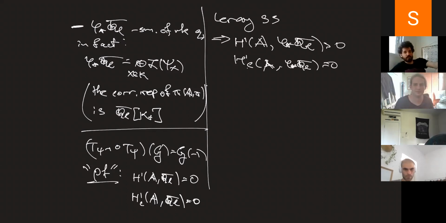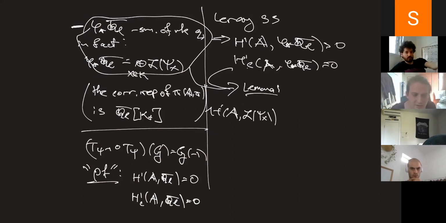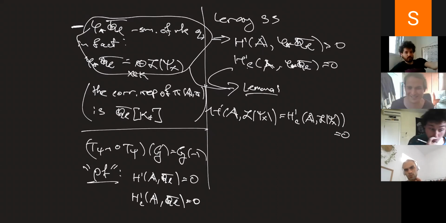Which in turn implies, with this fact, that, so let's put a lemma that H1 of A. Feel free to not answer this, but what is the Leray spectral sequence?